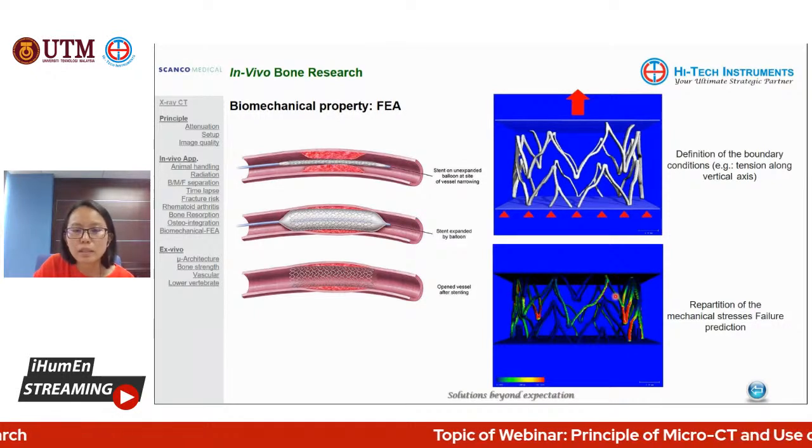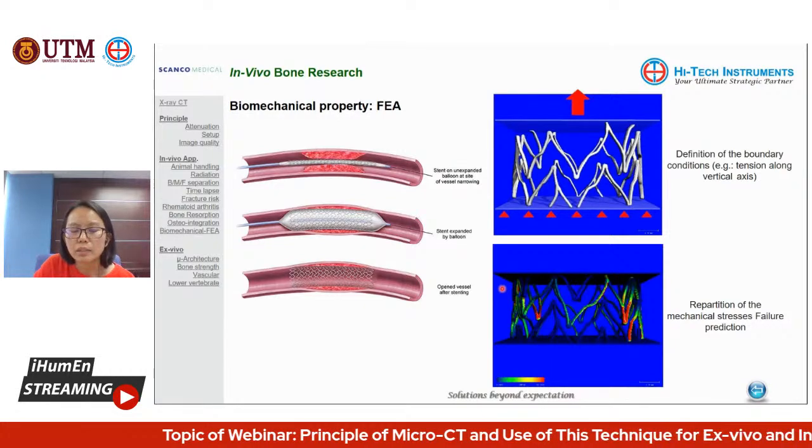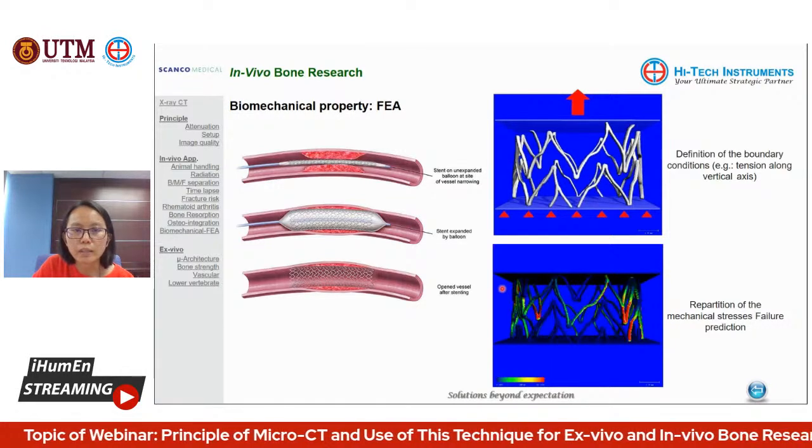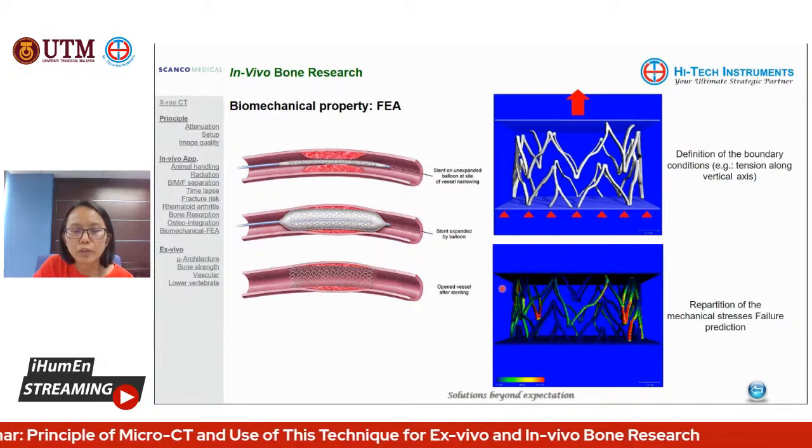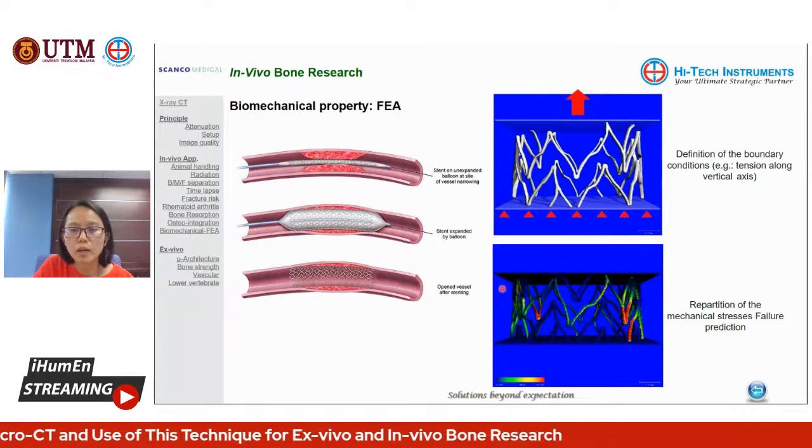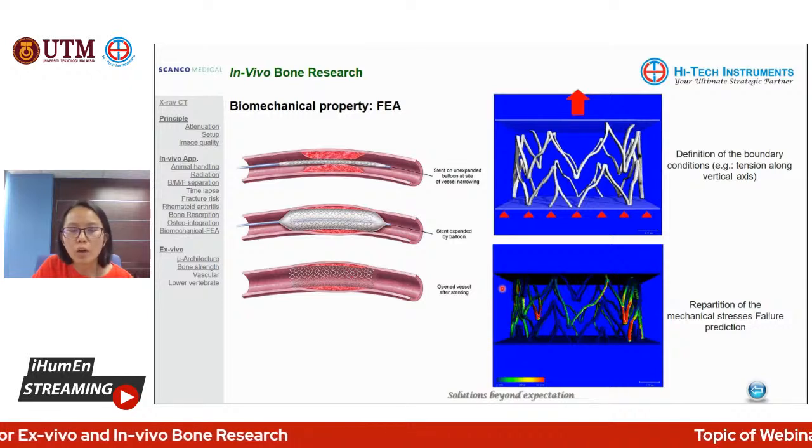Or in other words, it will collapse the fastest compared to the other area. So that's the beauty of using finite element analysis to do the fracture risk prediction or this deployment of material.